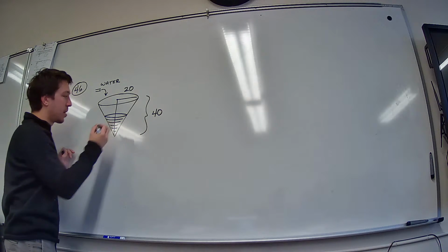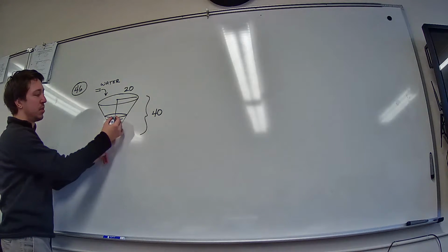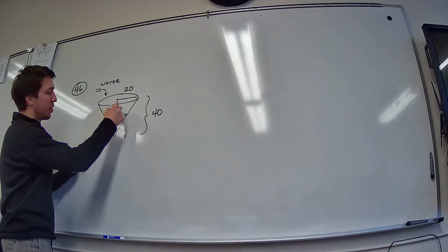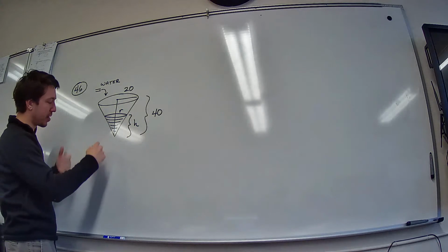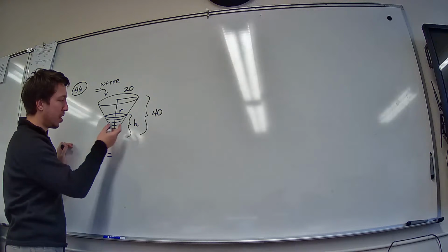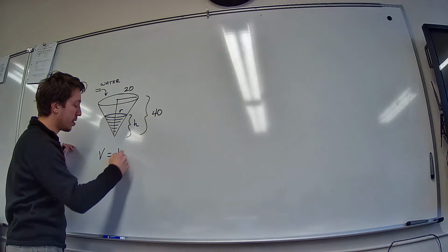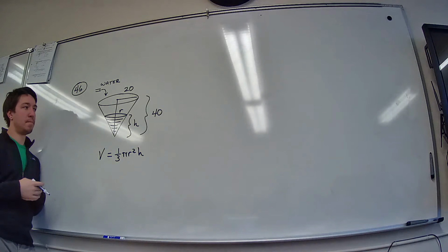Let's say this cone of water has some radius and some height. The volume of the cone of water is 1/3 pi r squared times height.